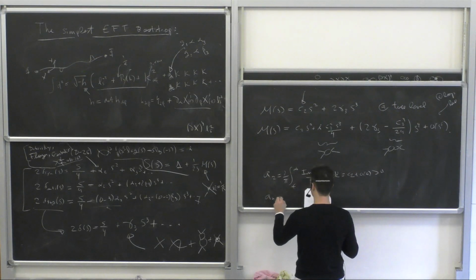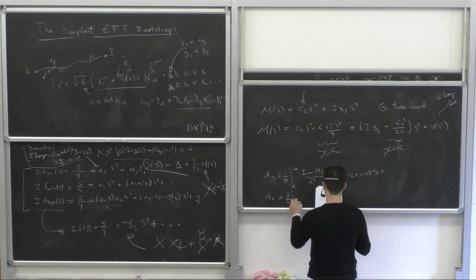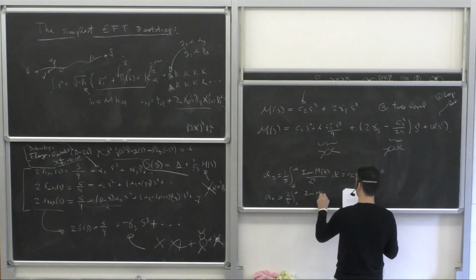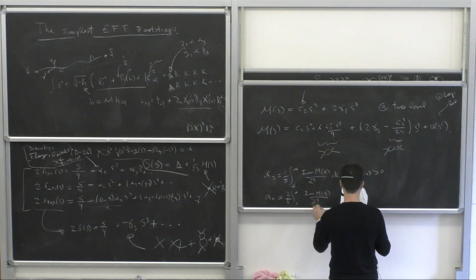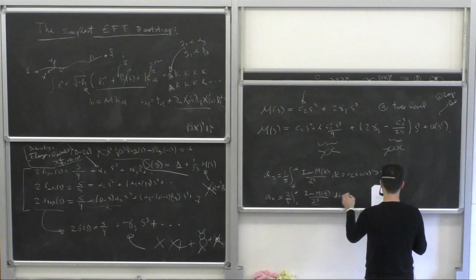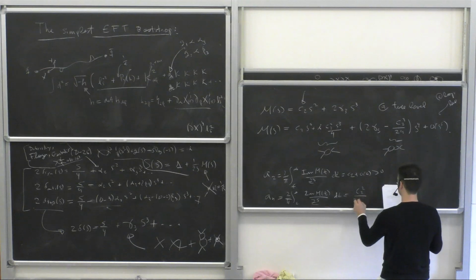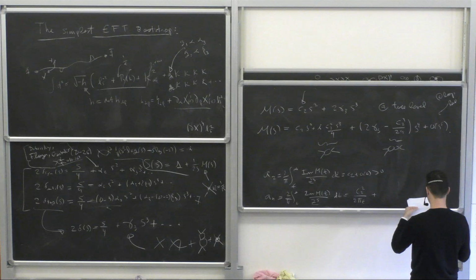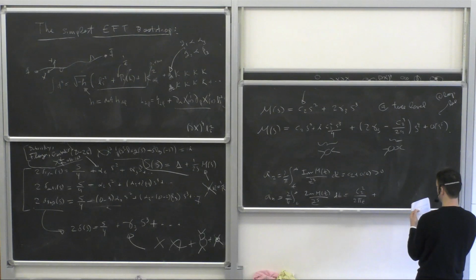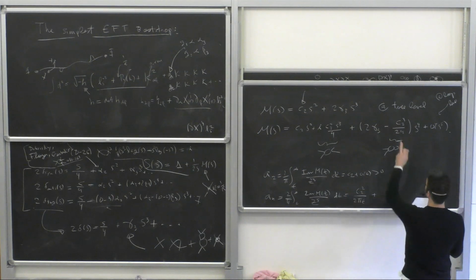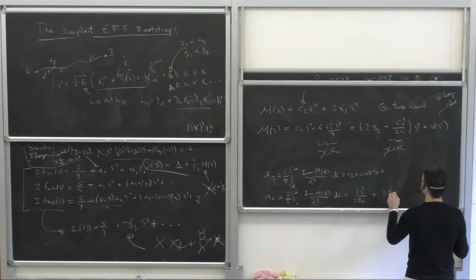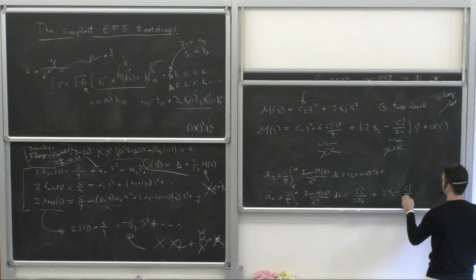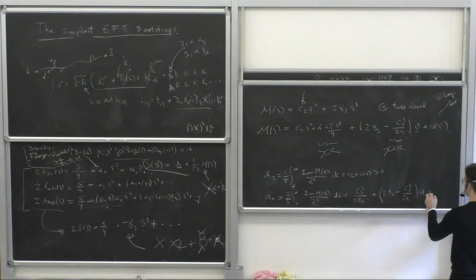And then we have A4, which is 2 over pi, integral from epsilon to infinity, of Im M of z over z to the fifth, dz, which is C2 squared over 2 pi epsilon plus C4. C4 is this coefficient here, 2 gamma 3 minus C2 cubed over 24, plus order epsilon, okay?